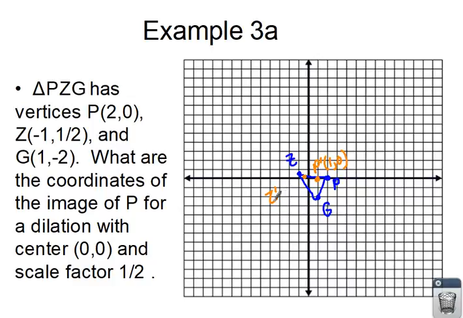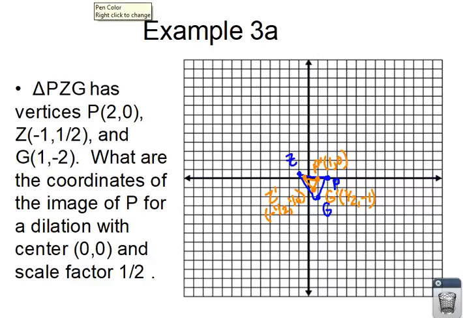So Z prime is -1/2, 1/4, because 1/4 is half of a half. And then G is at 1, -2, so it goes to 1/2, -1. G prime is 1/2, -1. So this triangle right here is half the size of the old one.